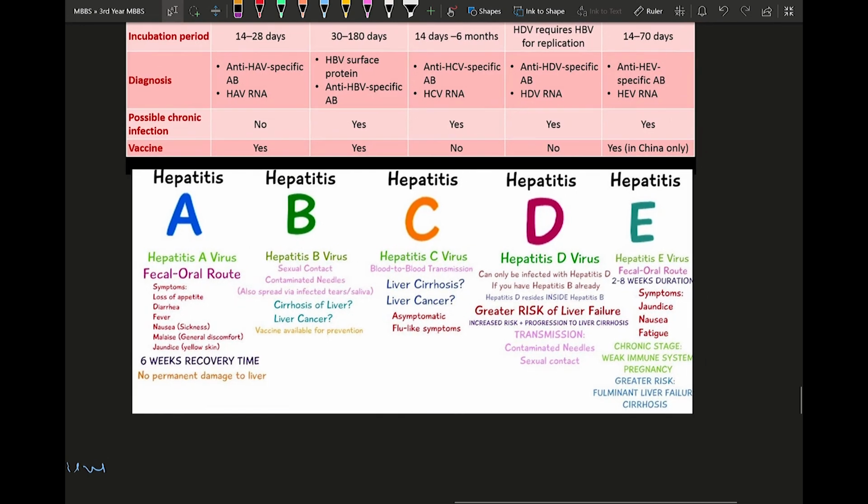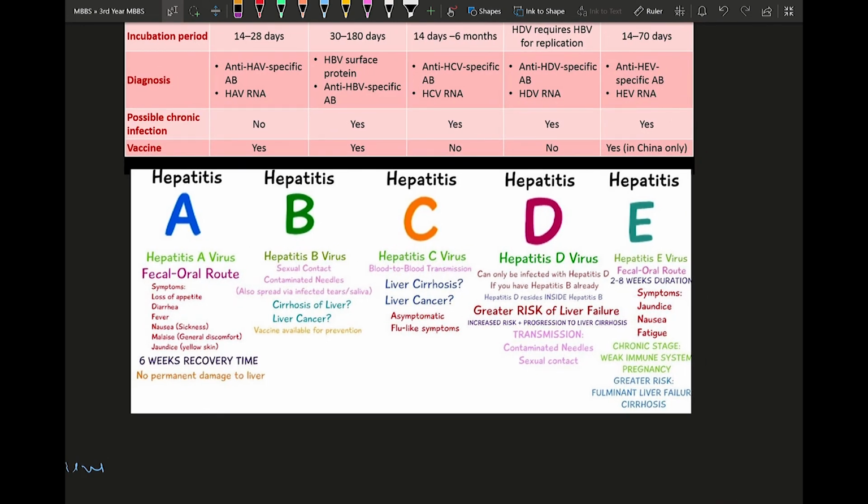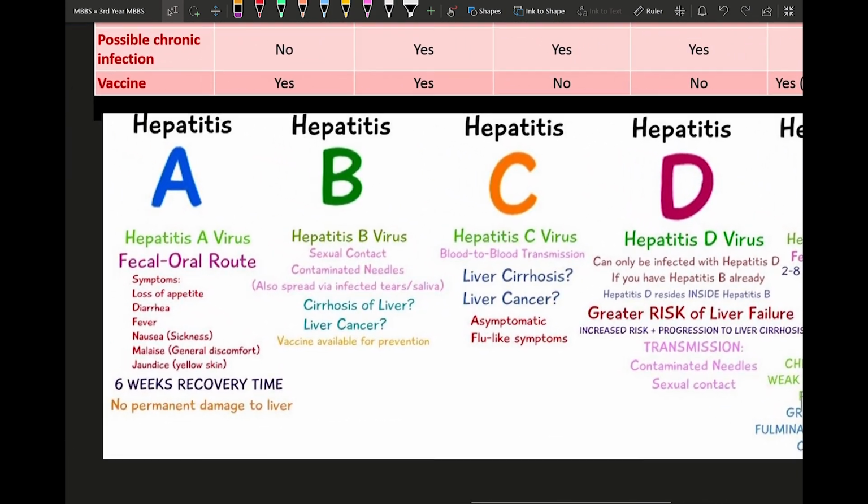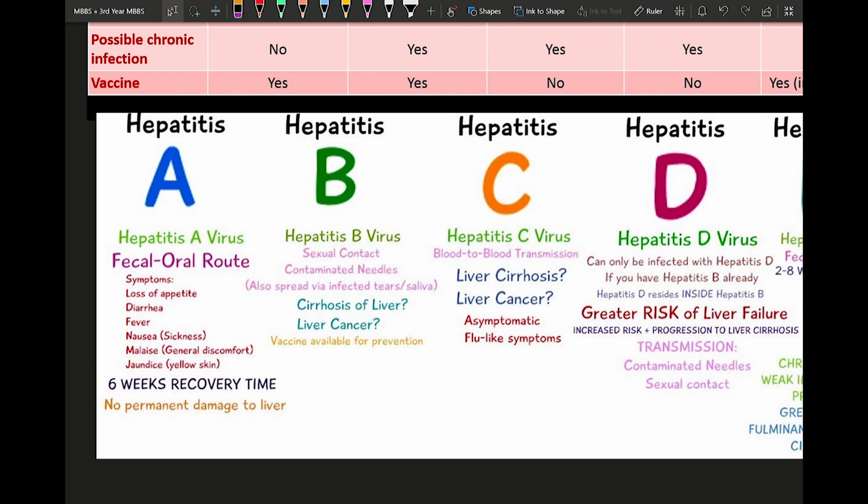They have specific antigens and antibodies which can be tested, and there's a graph which you will all be aware of, showing in which period which antigen and which antibody is present, and all these things you would have already studied in microbiology. So I'm not going to go into details of that. Just a few symptoms of each of these, and that will wind up.